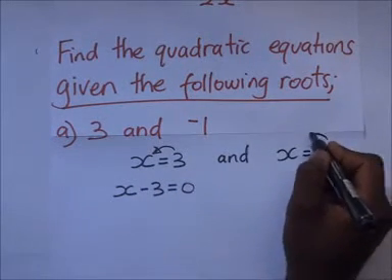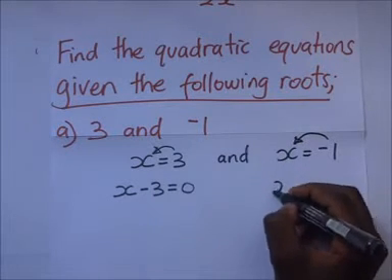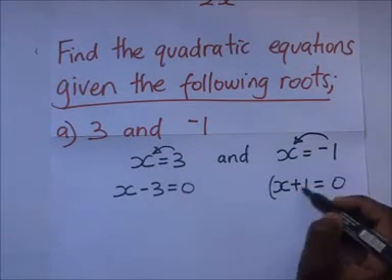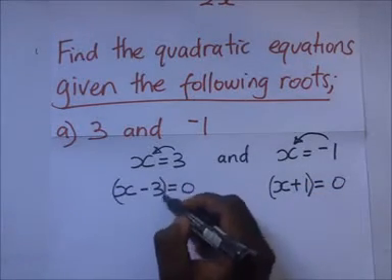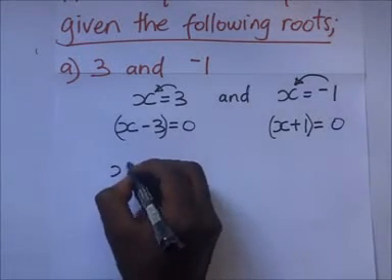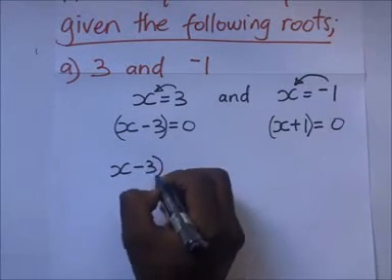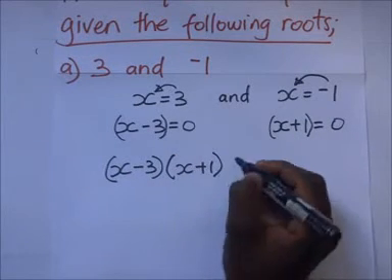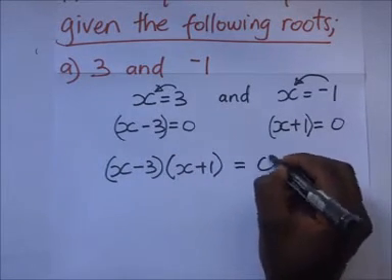Likewise here, when we shift that -1 this way, it becomes x plus 1 is equal to 0. So now we have two brackets here. So we go ahead and multiply those brackets. So this becomes x minus 3 and x plus 1 is equal to 0.